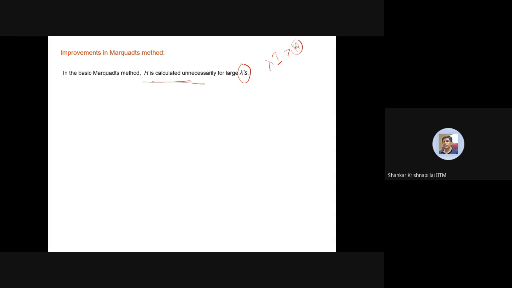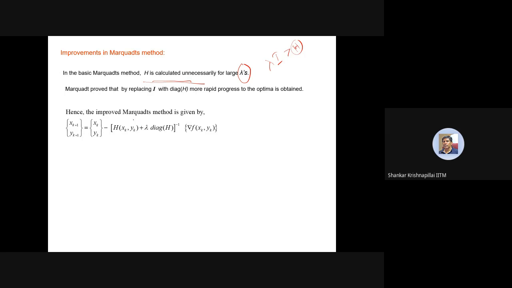According to the improved Marquardt method, instead of using the I matrix, you use the diagonal values of the H matrix. Suppose this H matrix is 15, 20, 0, 1. Then the diag of H is 15, 20, 0, 0.